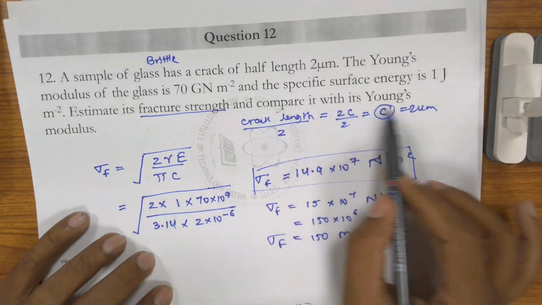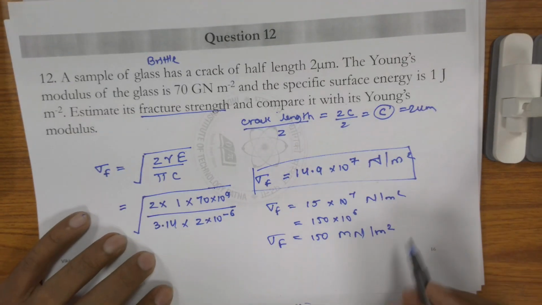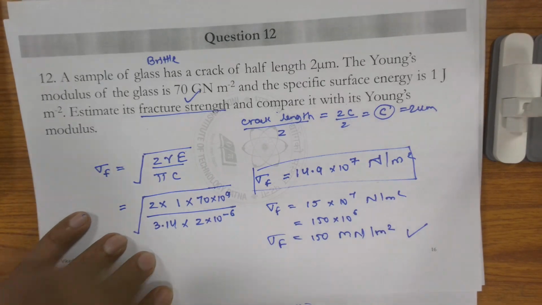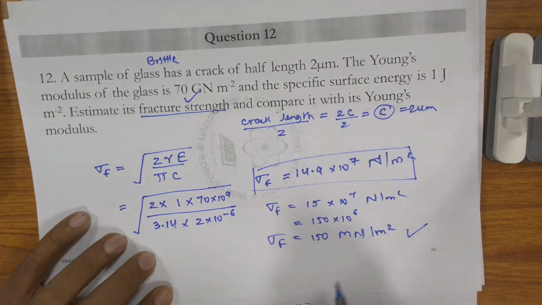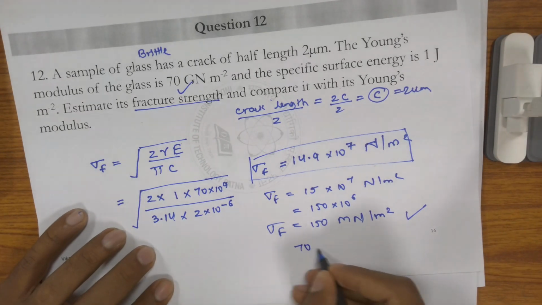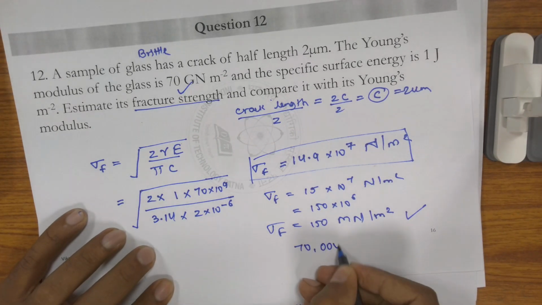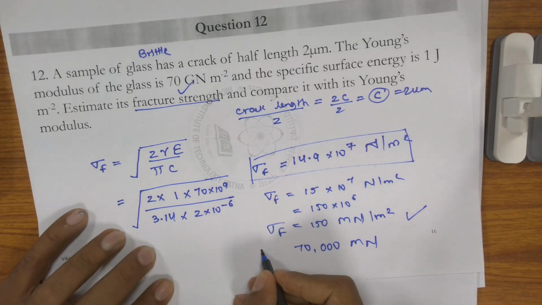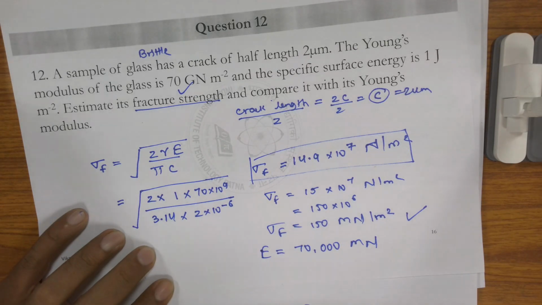Now we have to compare it with the Young modulus. The Young modulus is 70, but it's not only 70. If I have to make them in the same unit, let's try to compare them.